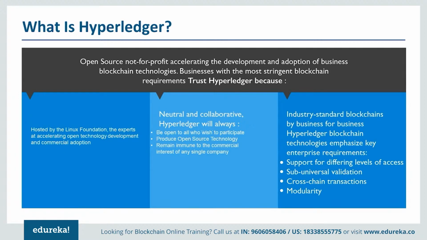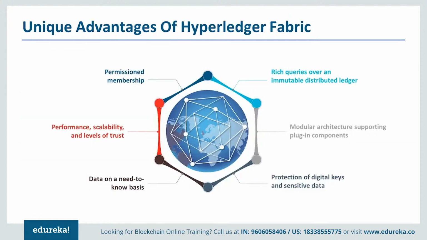It is neutral and collaborative, so anyone can become a member of the Hyperledger consortium and start to contribute to the network. It gives you industry standard blockchains by business for business. Hyperledger blockchain technologies emphasize supporting different levels of access, universal validation, cross-chain transaction, and modularity. These are some of the unique advantages of Hyperledger Fabric.